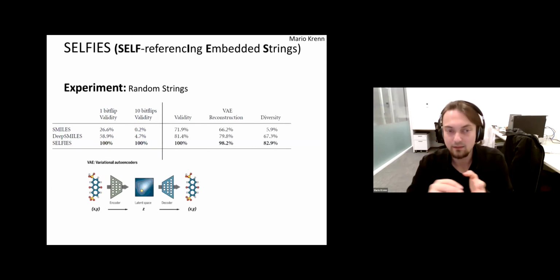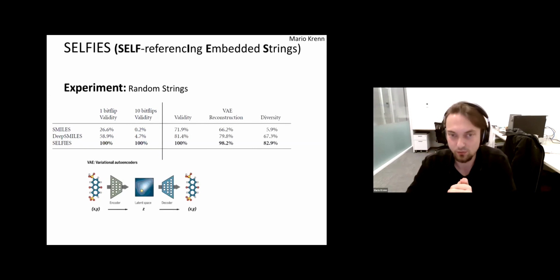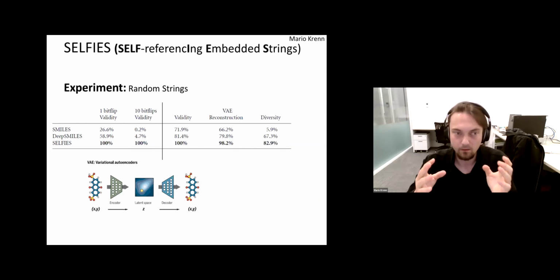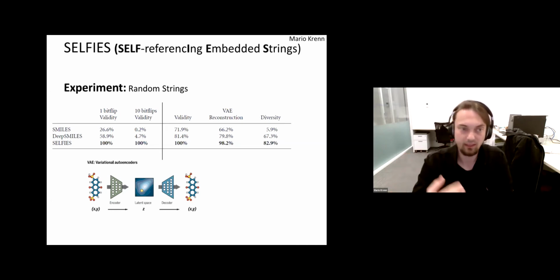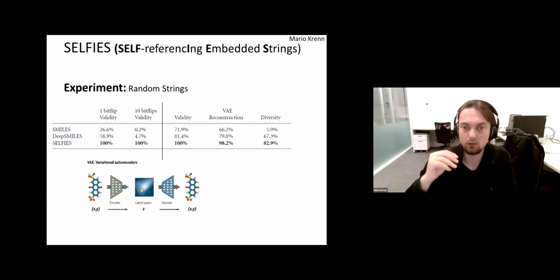Now we can apply this to our variational autoencoder. And we see if we train a variational autoencoder with SELFIES, it's 100% valid. But not only that, it also has a higher reconstruction accuracy than if we train the same models with SMILES or DeepSMILES.